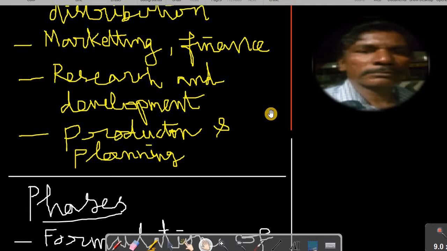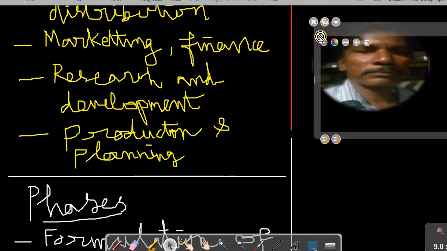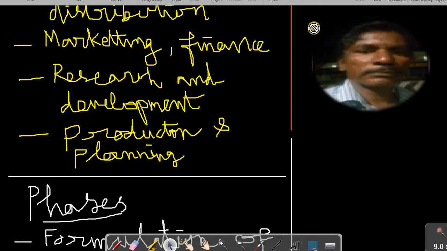Take for example the transportation problem, which helps us find out how to transport production items to different locations. Inventory is also very useful for production planning. For example, CPM and PERT are very helpful in planning situations in management. So in many ways this is very useful. That's what one has to understand.